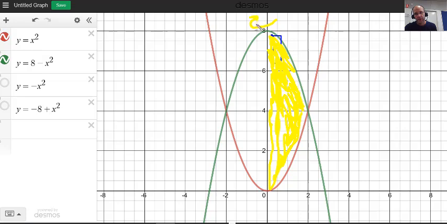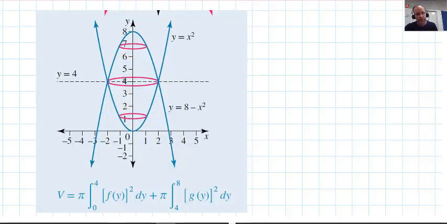Okay, so we'll have that sort of shape there. So with a graphic helper, we've actually got the volume of a solid of revolution here. Okay, so it's a solid. So it wasn't a washer, it was a disc one.